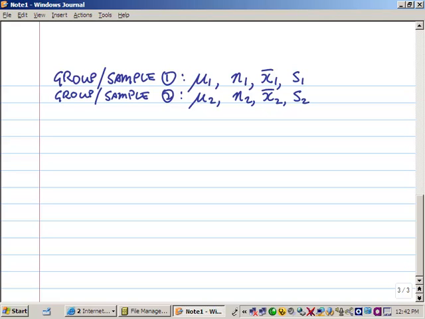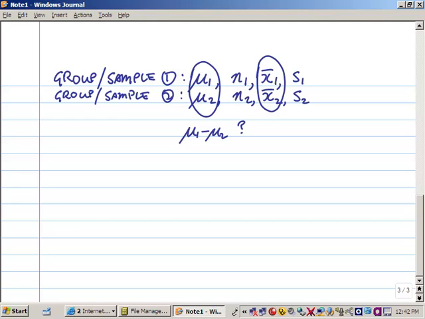Okay, so it's these two that we don't know. In actual fact, it's mu1 minus mu2 that we don't know, and we're trying to estimate. Okay, and to get an estimate we will take x bar 1 minus x bar 2. In nearly all problems, x bar 1 and x bar 2 will be given.